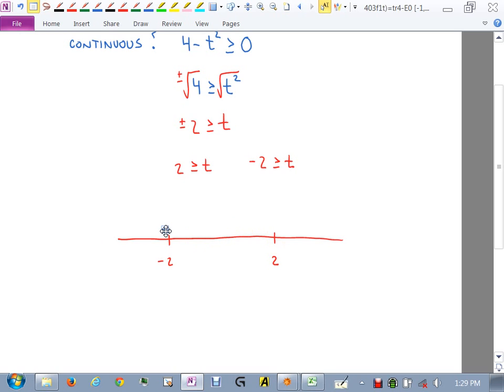Anything to the left of 2, including 2? Do you all agree with this? Everything this way forever is what that's saying? Okay? What is this saying? t must be smaller than negative 2. Here's negative 2, so t must be which way? To the left, so everything from here, including it, over.